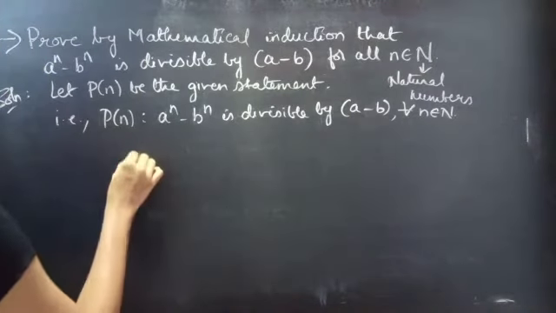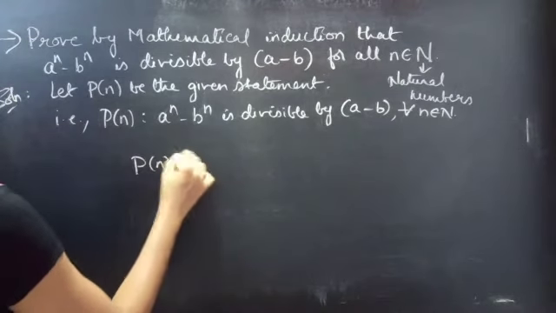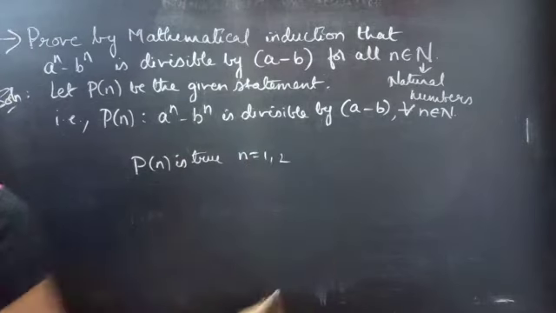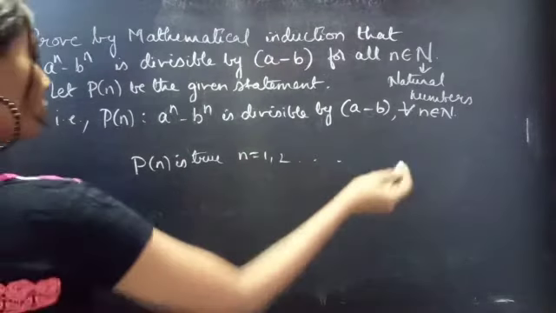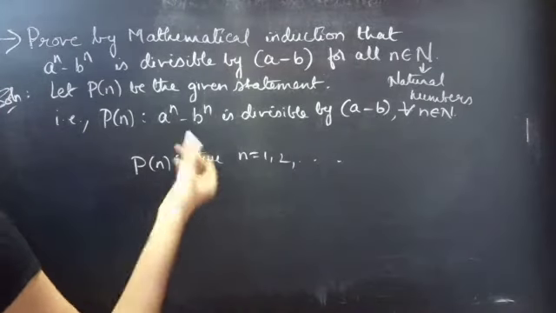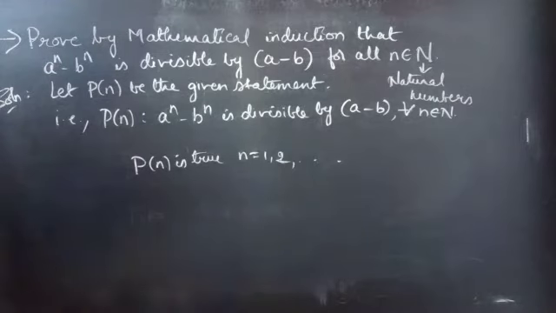So here firstly we are going to prove that P(n) is true for some natural numbers 1, 2, and likewise so on. Okay, so we'll check whether P(n) is true or not for n equals 1, 2, 3 and so on.